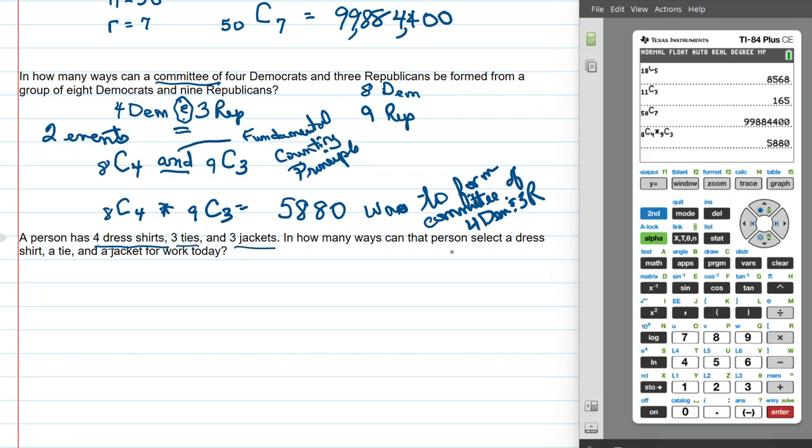If I have more than one set, I have to use the fundamental counting principle. So I have 4 dress shirts and 3 ties and 3 jackets. So that is 36 ways to select an outfit.